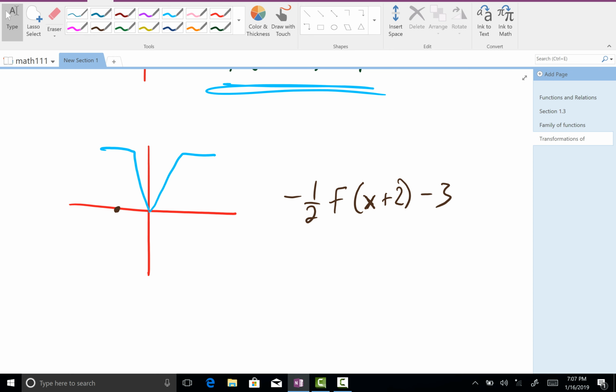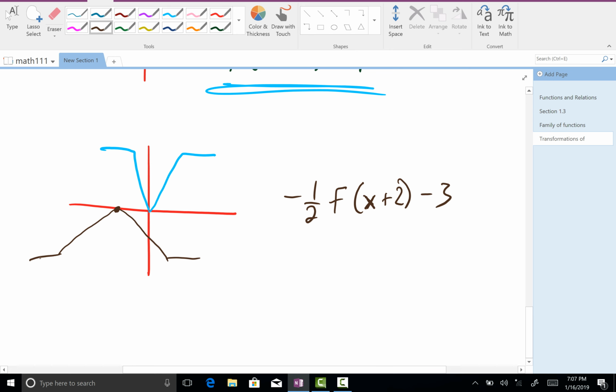All right, but what's the 1/2 going to do? So we're going to get a stretch, or we're going to get a compression. Yes. So it's not going to bring it in. It's going to do what with it? It's going to compress, so it's going to widen it. Okay, so we got a reflection. We've shifted it over. So it's actually going to look a little bit wider. I kind of made it look quite a bit wider.